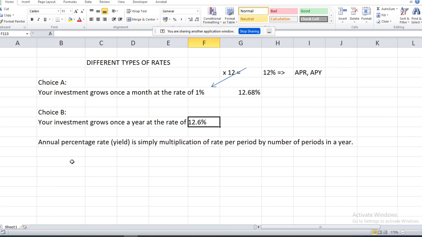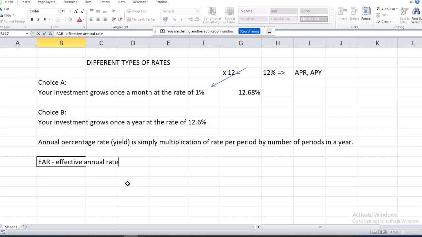So there's that other kind of interest rate, which is called effective annual rate. It's easy to remember from the name. It is the actual rate you are earning, and effective is just another word for actual.